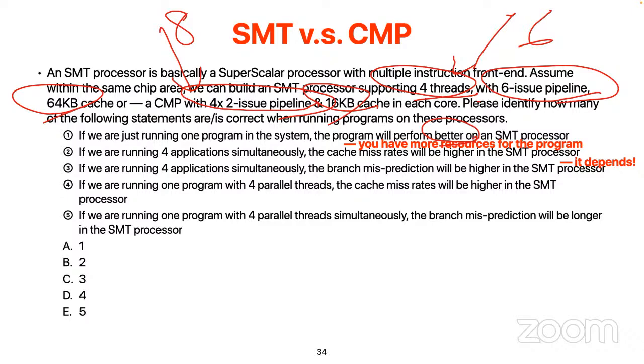And the same thing for CMP, right? A program counter is a hardware context. So if you are getting instructions from two different programs at the same time, they are both from a running context, so there's not really a context switch by any means. Okay, so in this case, how about the branch misprediction rate?